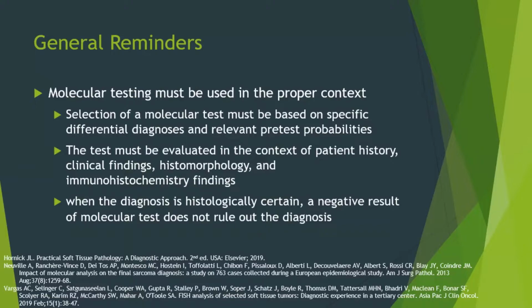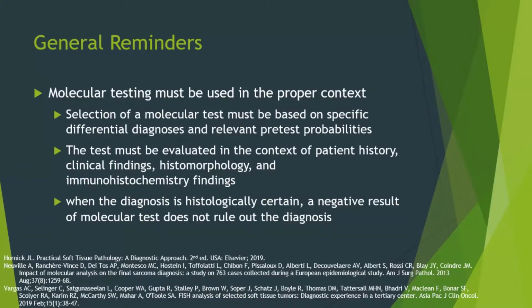Second, if you get the result of your molecular test, that result must be evaluated in the context of patient history, clinical findings, histomorphology, and immunohistochemistry findings. So you must correlate it with the material that you have already. And third, when the diagnosis is histologically certain, a negative result of a molecular test does not rule out the diagnosis.